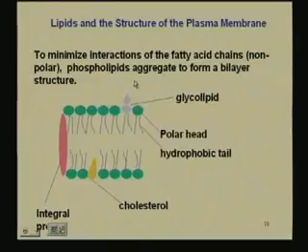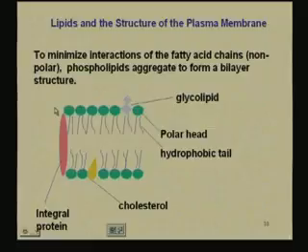So, we know that we have the formation of our lipid bilayer. We have here now a glycolipid. What is a glycolipid? Something that has a sugar attached to it. All the green spheres are polar heads, all the blue lines here are hydrophobic tails.